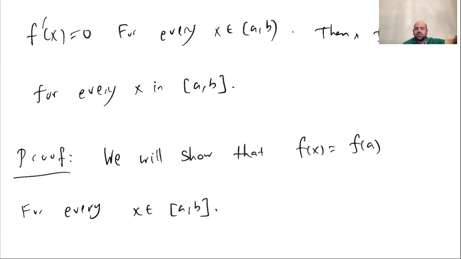It's enough if I show this, right? Because I wanted to show that f of x equals some c for every x between a to b. Now, f of a is a constant. So if I show that f of x equals f of a for every x between a to b, then I'm done, because f of a is a constant.